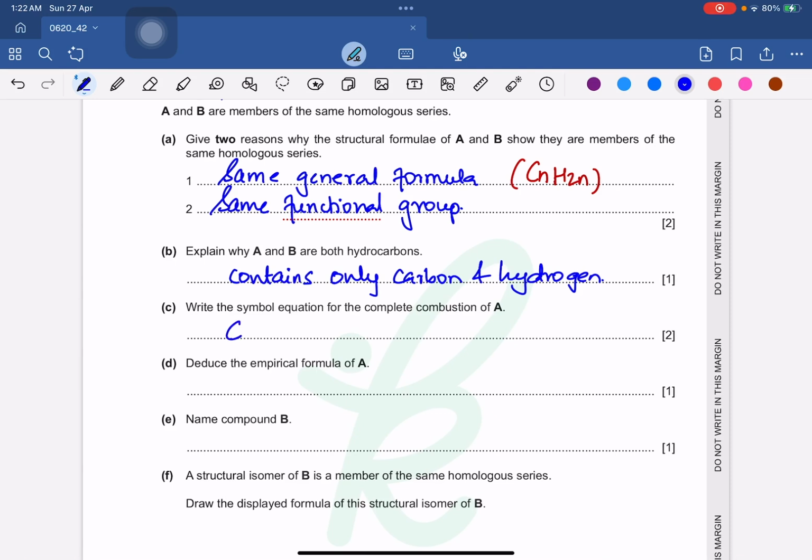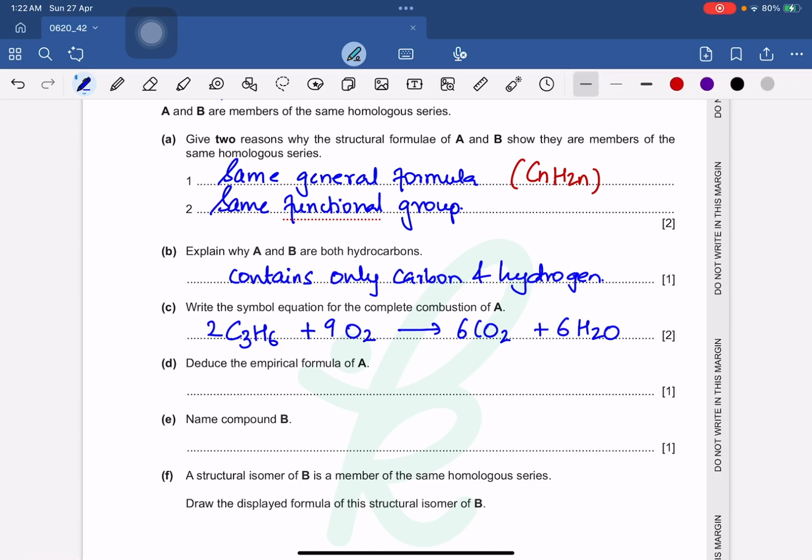So A is propene, which is C3H6, reacts with oxygen to give carbon dioxide plus water, for which the balancing coefficients will be 2, 9, 6 and 6.